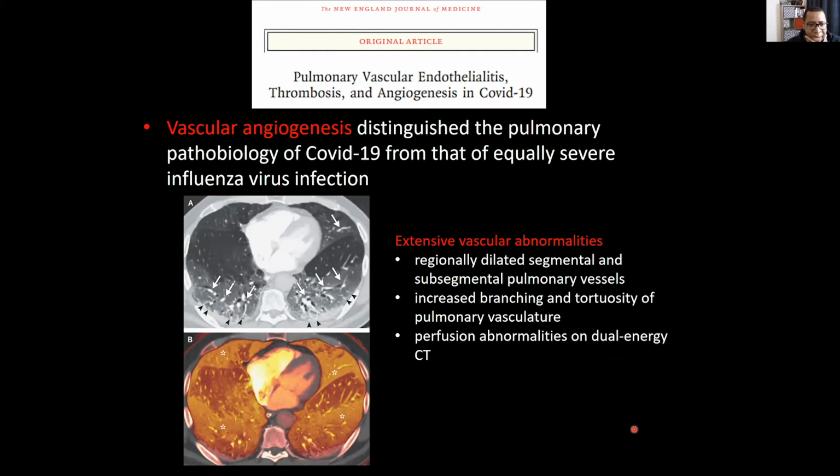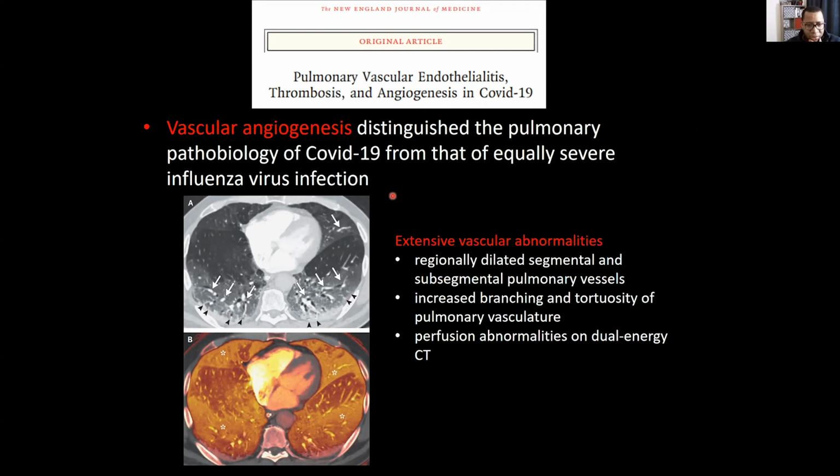So just to highlight the role of pulmonary vascular endotheliitis, thrombosis, and angiogenesis in COVID-19 pneumonia. This is a paper in the New England Journal of Medicine that did a small series that showed that vascular angiogenesis is what distinguished pulmonary pathobiology of COVID-19 from that of equally severe influenza virus infection.